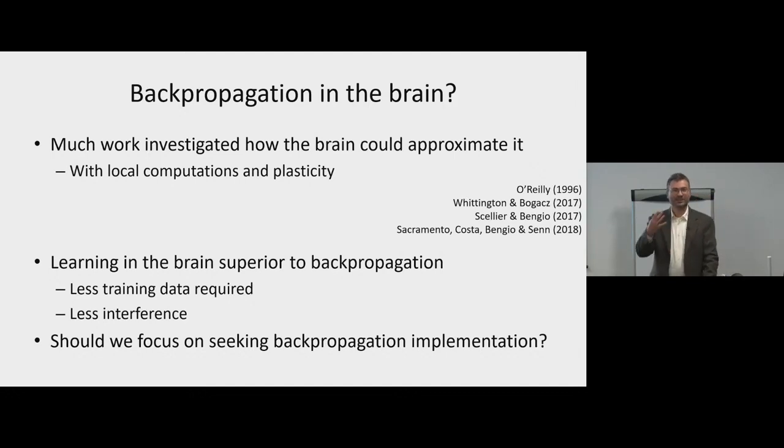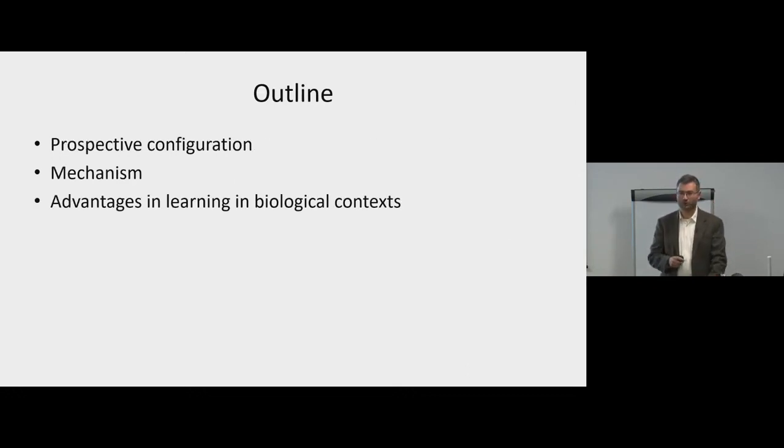I will first explain what prospective configuration is, and then I will try to give you some intuition of how it arises from simple models of neurons performing local computations. And then I will argue that this principle of prospective configuration has advantages over backpropagation in tasks which are similar to the tasks which animals or humans face in natural environments.